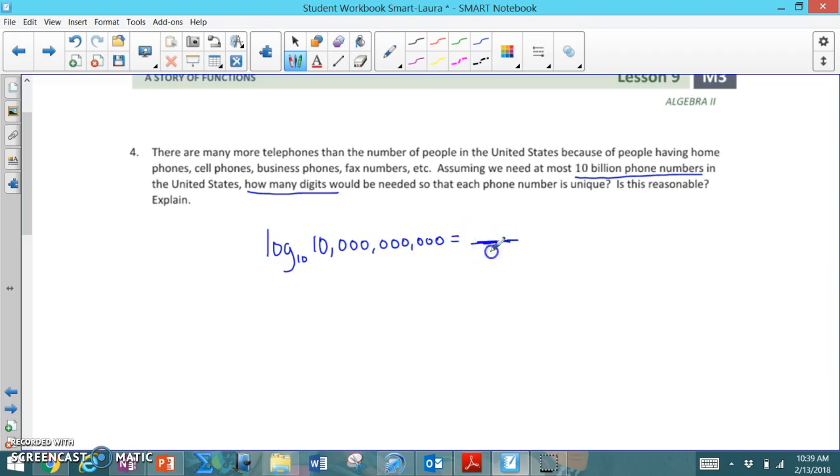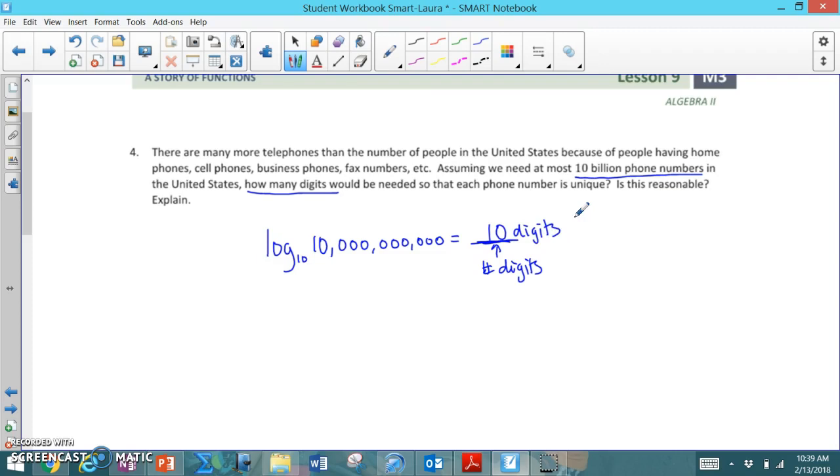Whatever I get as my answer is the number of digits that we need in our phone numbers. So when I look at what power of 10 gives me 10 billion, I can count up the zeros and I see that it's 10 digits. And that is why our phone numbers are 10 digits.